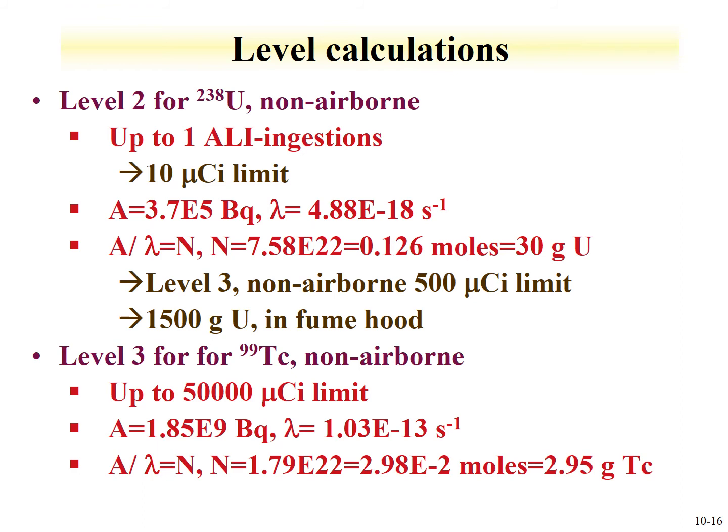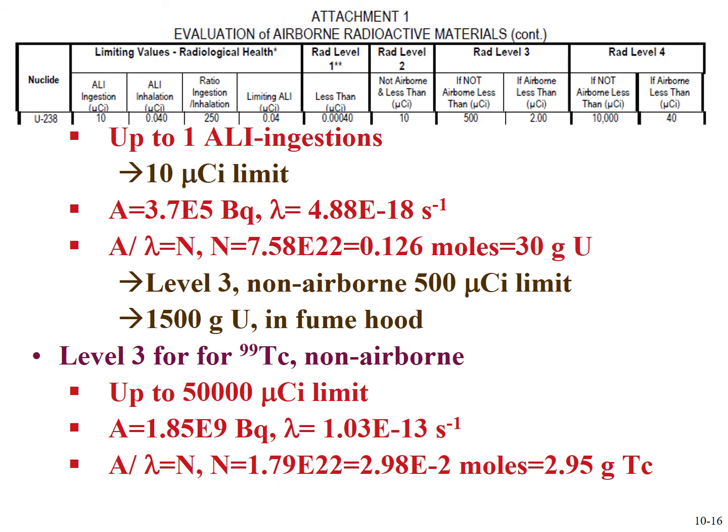Assume that you wanted to do a level 2 for uranium-238. This is non-airborne. This is basically 1 ALI. So if we go to the tables, we see that uranium-238, rad level 2, that's 10 microcuries as our limit. So the question would be, what mass of uranium is 10 microcuries equivalent to?